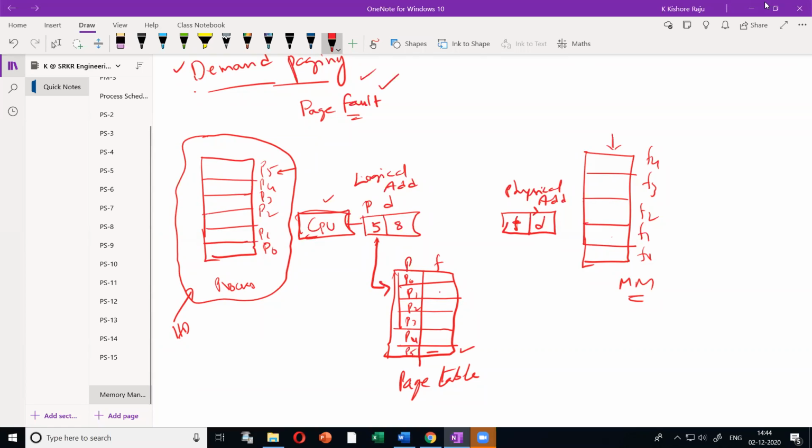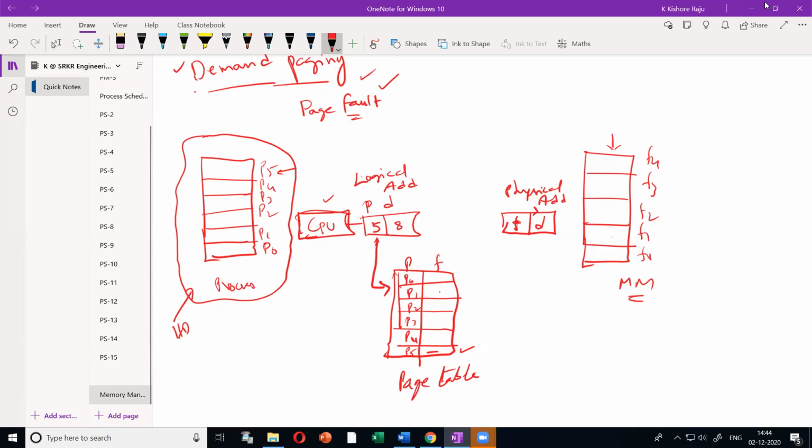Is P5 available in the main memory frames? No, because all the frames are free. Here all the frames are free. Is that correct or not?